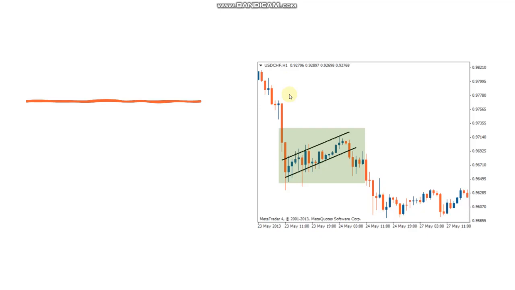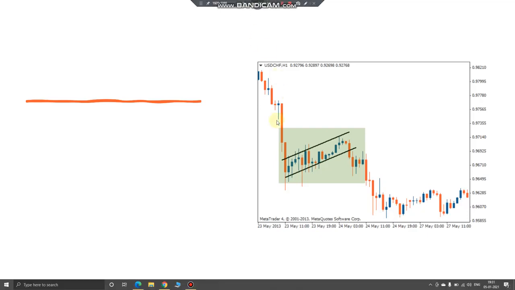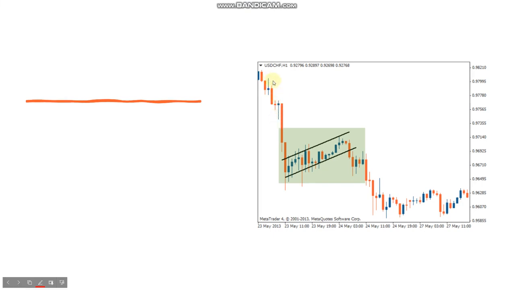This is the inverse flag pattern. Suppose the market is going down, or is in a downtrend. Then also you can spot a flag pattern. Again, imagine these candles as a flagpole, and after a big movement, the market will consolidate. The market will have to consolidate, is it not?